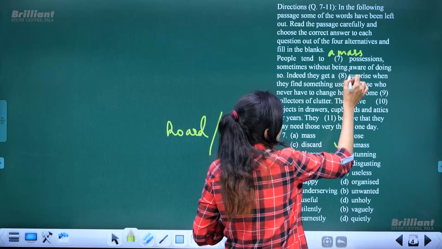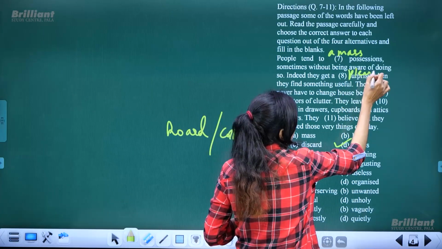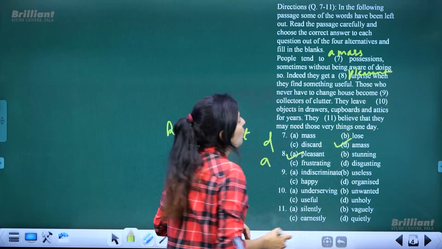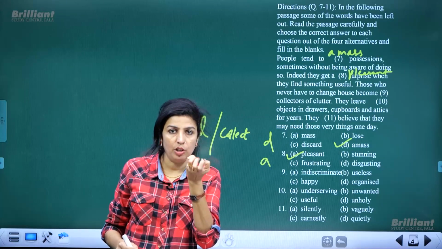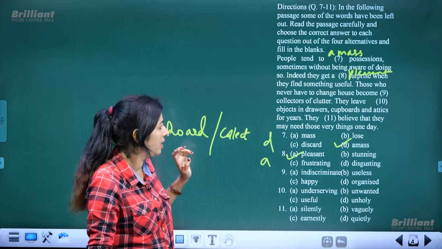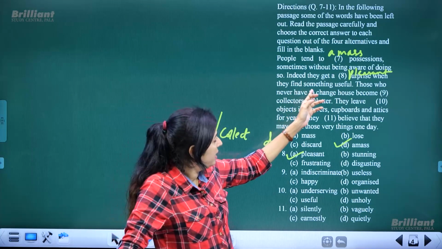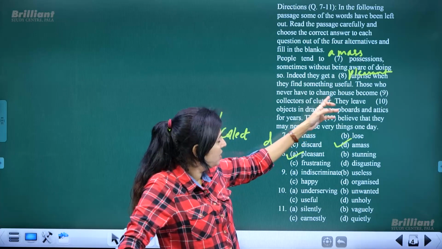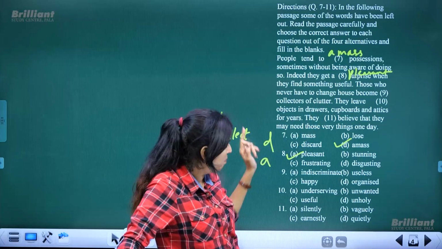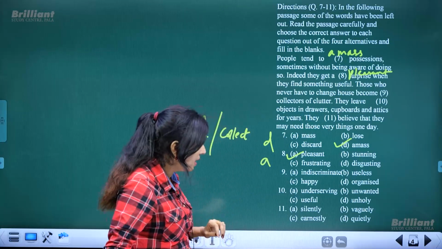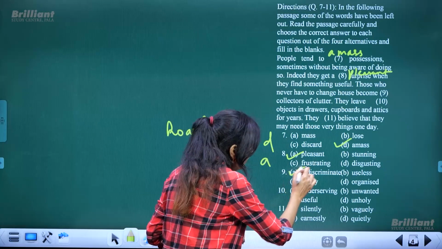They get a pleasant surprise when they find something useful, and later, if any of those things comes of use, we will be greatly surprised. Indeed they get a pleasant surprise when they find something useful later. Those who never have to change house unknowingly become indiscriminate. A option.